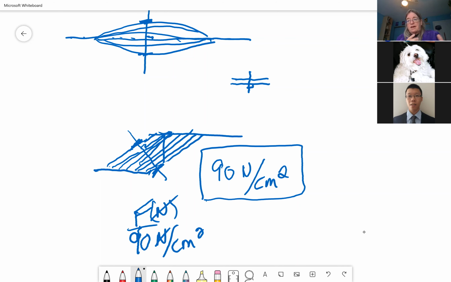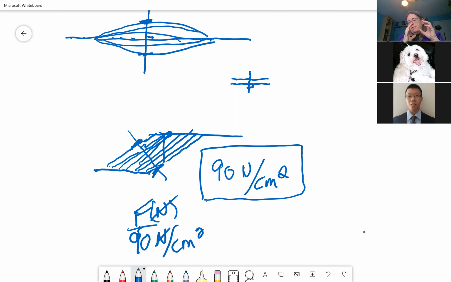It has the two things, recruitment and firing rate, right? If I need more force, I can recruit more motor units. I can increase the firing rates of the motor units that are on. So there are two ways to grade and increase the force in the muscle.